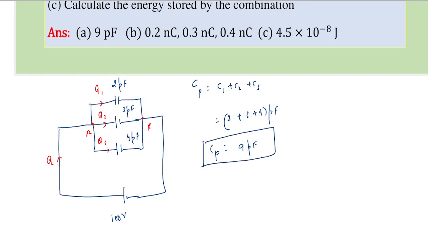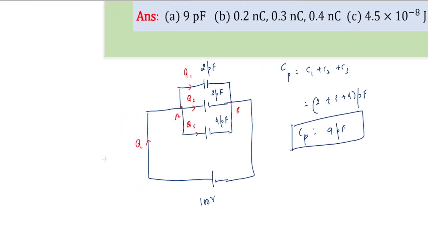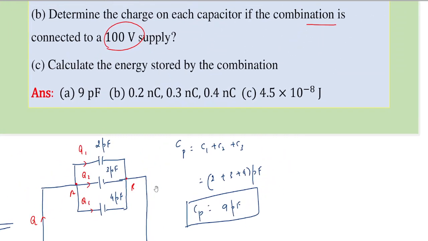It means that we can replace this combination by a single capacitor of value 9 picofarad, and even this would draw the same amount of charge. So if it's 100 volt, even this would draw the same charge, called capital Q. That's part 1.